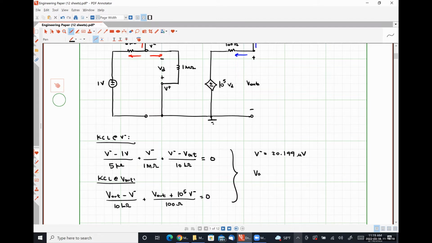And I get V out to be negative 1.9999392 volts. So extraordinarily close to -2.